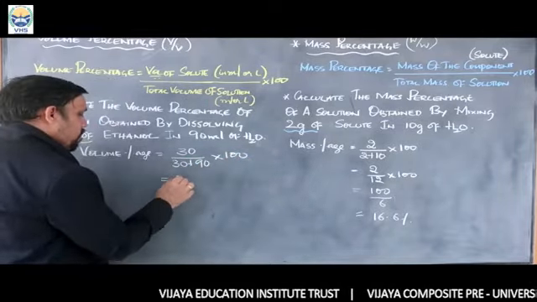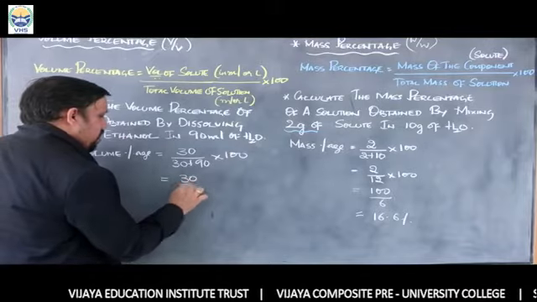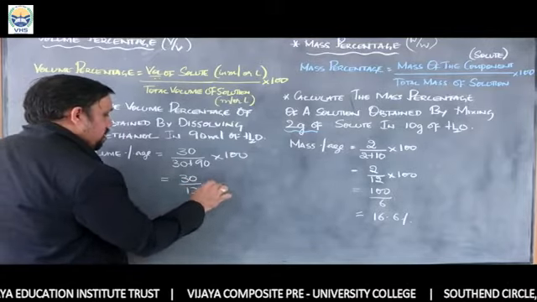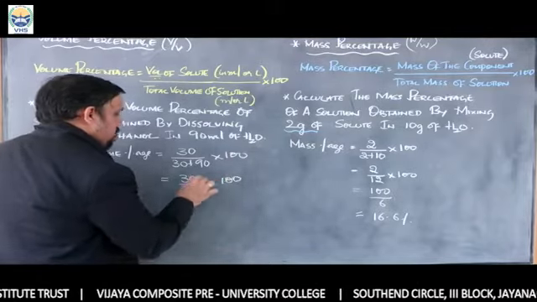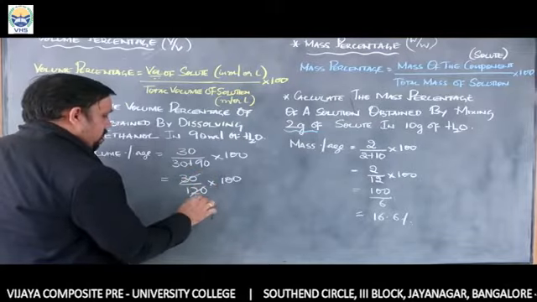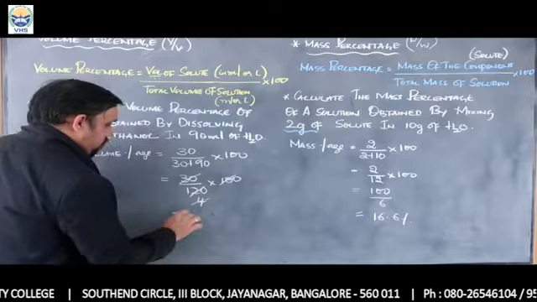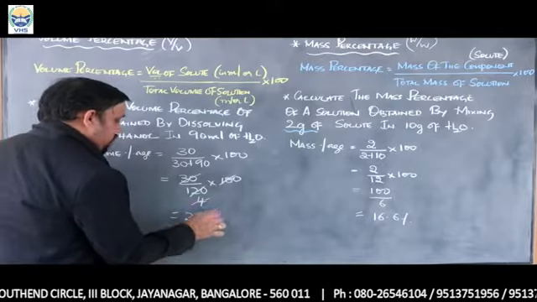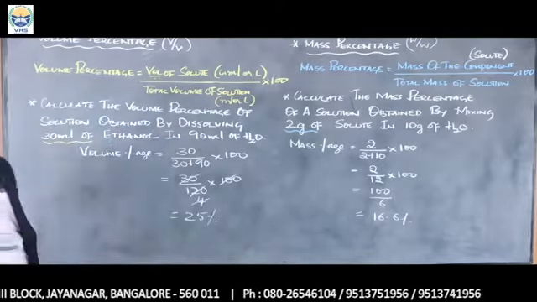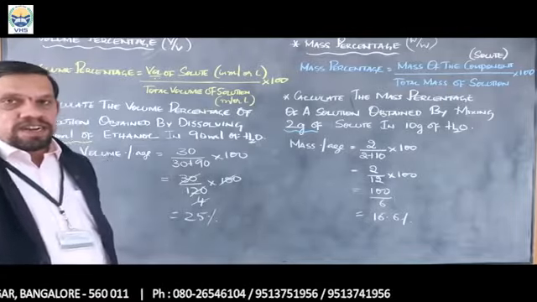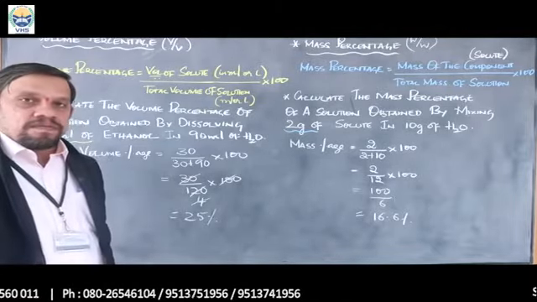So if you just simplify, you will be getting 30 divided by 120 into 100. So we can just cancel it out. 3 4s are 12, so 4 gets cancelled, 25 times. So what is the percentage? Volume percentage will be 25%. Is that one fine? So we studied regarding mass percentage.